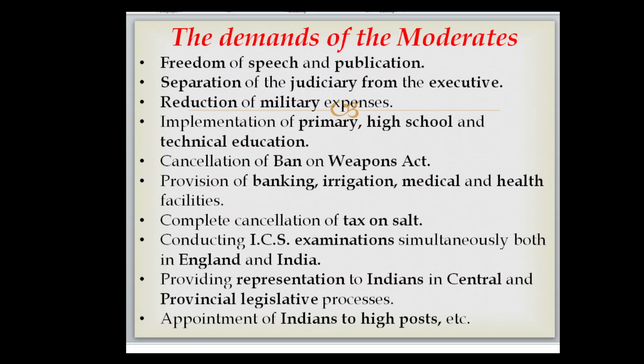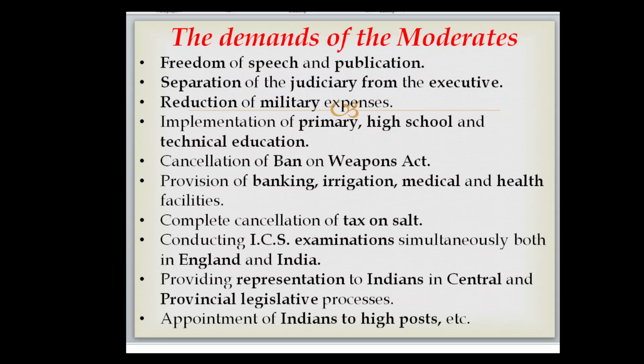And a very important demand of the moderates is what? The ICS, Indian Civil Service Examination, at that time was held only in London. They wanted it simultaneously in London and in India, in England and in India, so that the exam is conducted simultaneously. It is easier for us to appear in India.